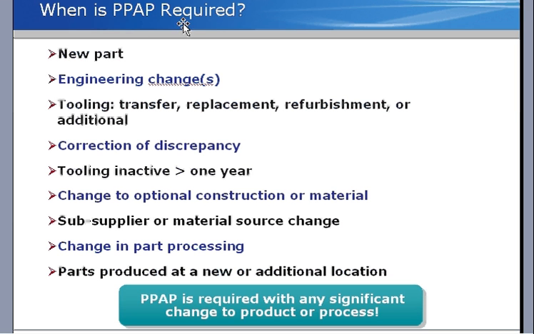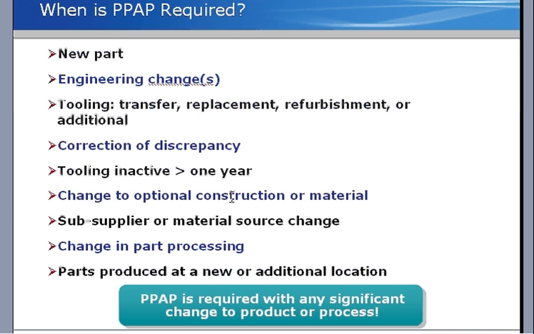When is a PPAP required? For example, new design, new part, or design changes; tooling transfer or replacement, from one factory to another; and the correction of some errors. Also when tooling has been inactive for more than one year, or there is a change to optional construction or material.